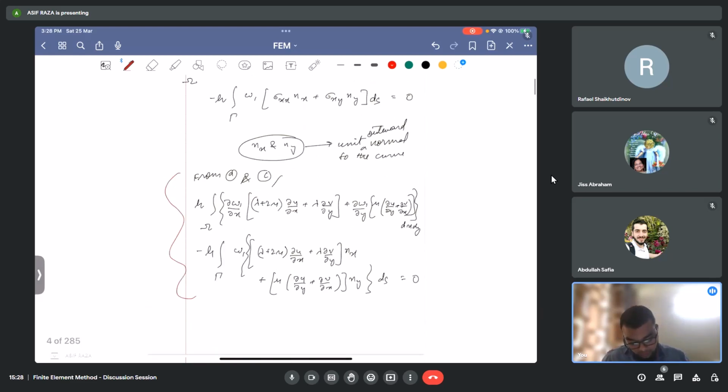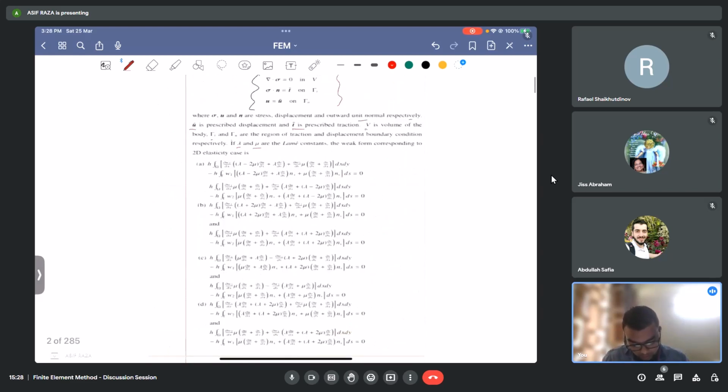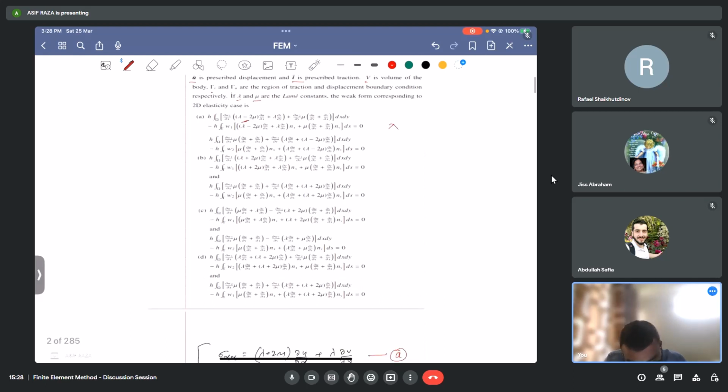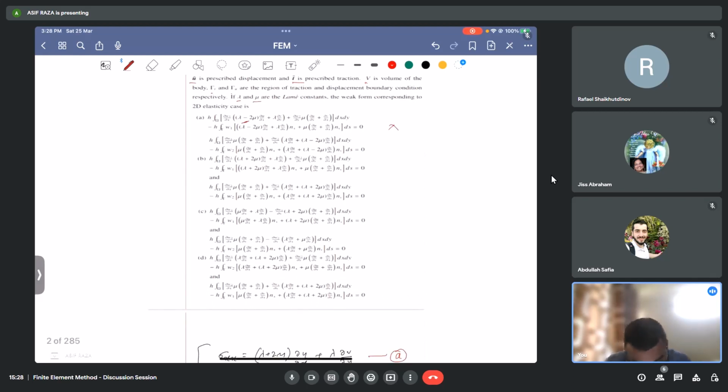So let us see what will be the correct option regarding this. I don't think here it should be lambda plus mu, so it's better this one. Don't consider this one. Now this option B, lambda plus 2 mu, this is good. This is good. Then this is also good.